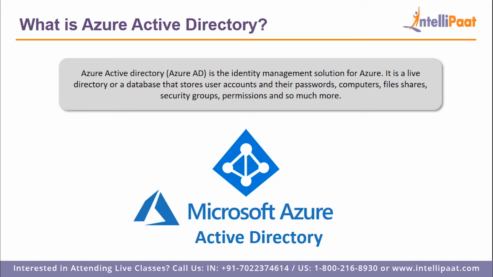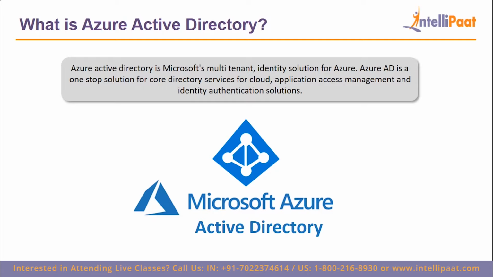Now that we understand what Azure Active Directory is in layman terms, let's see how Azure defines Azure Active Directory. So Azure Active Directory is Microsoft's multi-tenant identity solution for Azure. Azure AD is a one-stop solution for core directory services for cloud, application access management, and identity authentication solutions. That means, like I said, that it is inspired by the on-premise directory services.